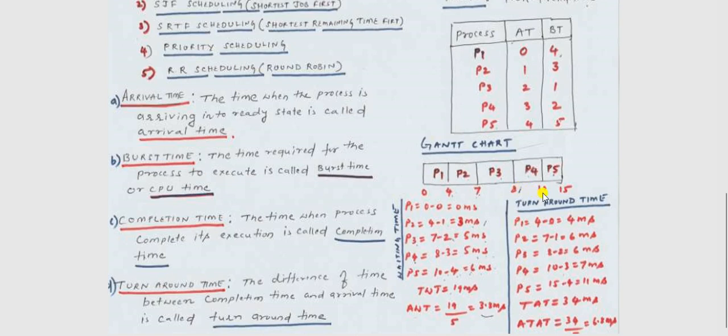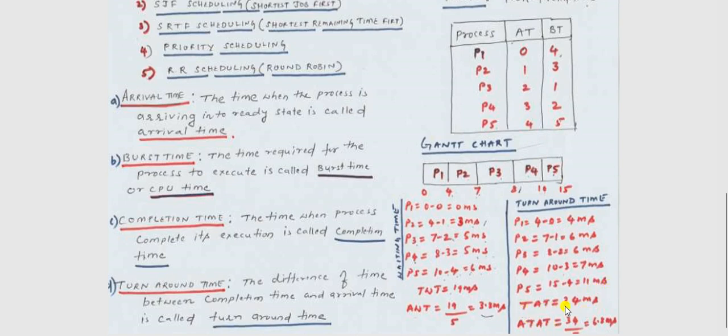P4: completion time is 10 milliseconds, arrival time from the table is 3 milliseconds, 10 minus 3 equals 7 milliseconds. P5: completion time from the Gantt chart is 15 milliseconds, arrival time of P5 from the table is 4 milliseconds, 15 minus 4 equals 11 milliseconds.